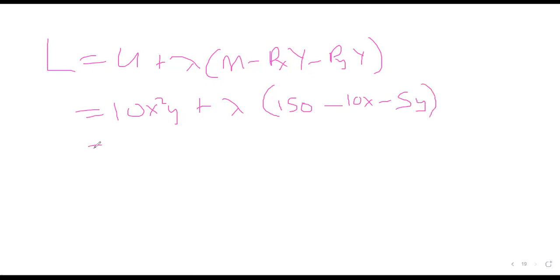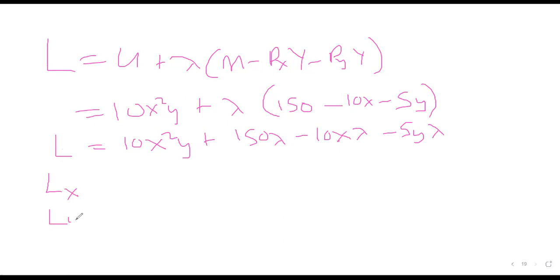So we can expand our function as follows: 150 lambda, minus 10x lambda, minus 5y lambda. We've just expanded this. So we're going to differentiate with respect to x, y, and lambda. Let's see whether we're going to get the same answers.